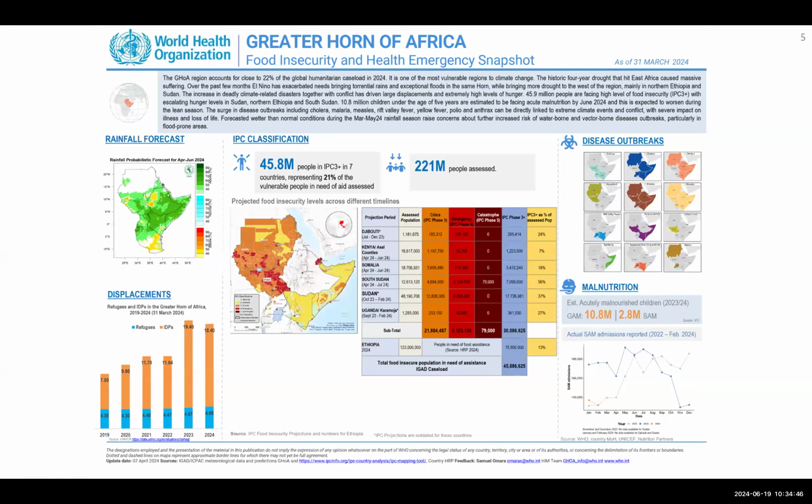So just to give a bit of context on the Greater Horn of Africa work, because it's also quite focused on some of the climate-related challenges that this region is facing. One of the key things that we've been producing is looking at the interconnectedness between the climate-related changes that are happening, and most importantly, the impacts on displacements and the food insecurity situation, linking it to the disease outbreaks that we are monitoring in the region and also the trends of severe acute malnutrition.